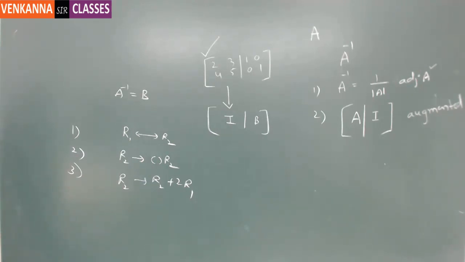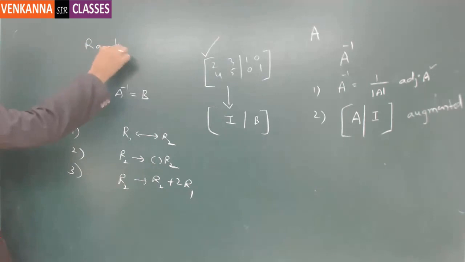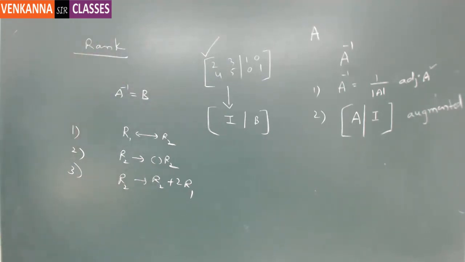Right. Then we enter into the part that is the rank of a matrix. Rank is usually a positive integer. It can be calculated for a rectangular matrix as well as a square matrix.